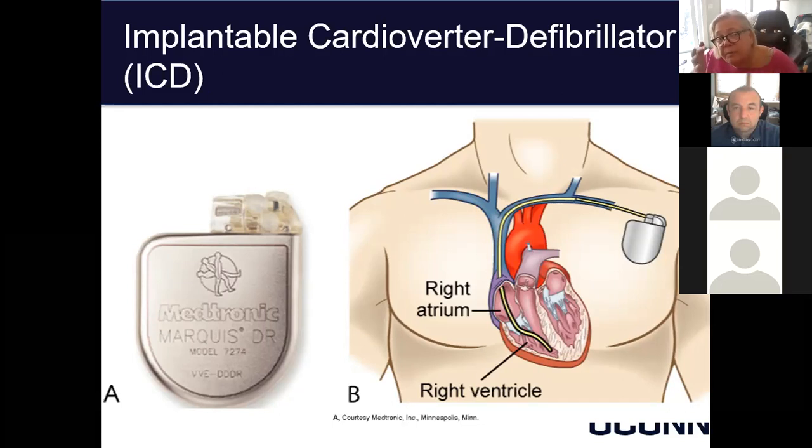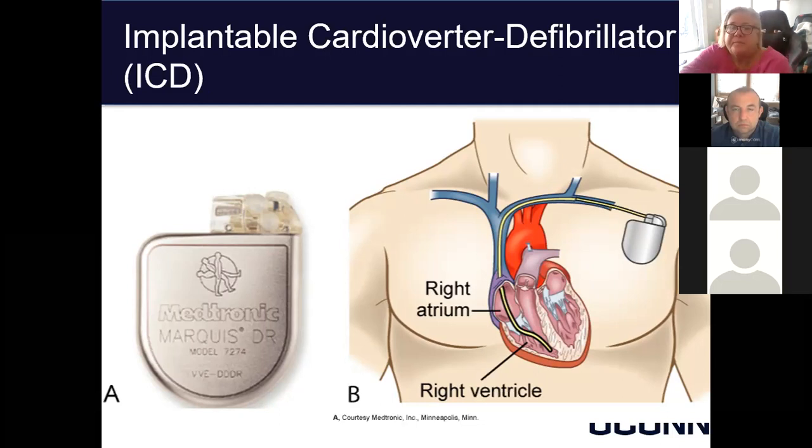Has anyone cared for a patient with an internal defibrillator yet? Yes. I'd be shocked if you didn't see them on 5-7 fairly regularly, as well as other units down in Stamford. Because again, with advanced heart failure, I think it's New York State level 4, which I think is 6 levels, you qualify for an internal defibrillator because the risk of VTAC and VFib are so high, the internal defibrillator can make a difference.